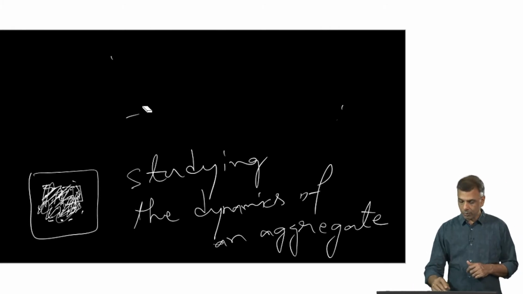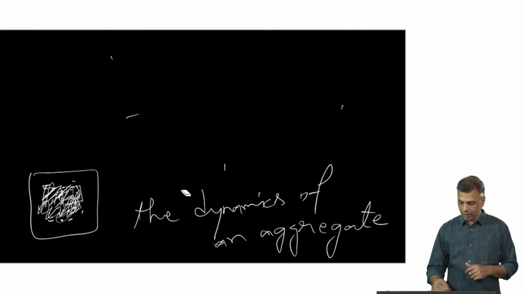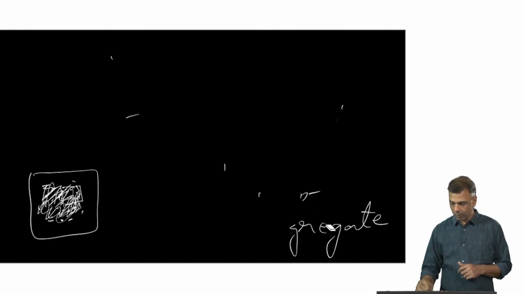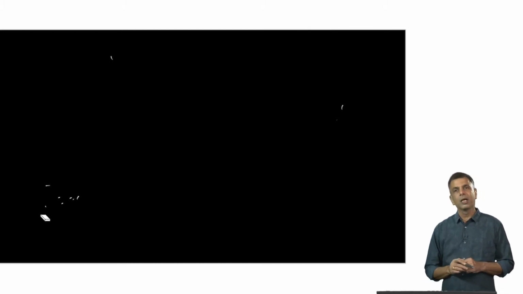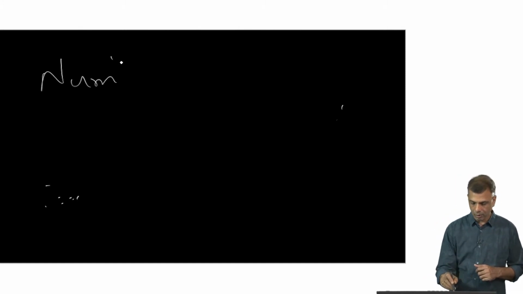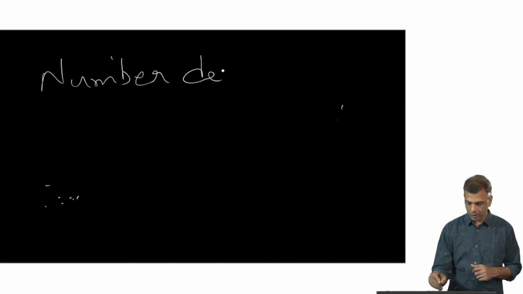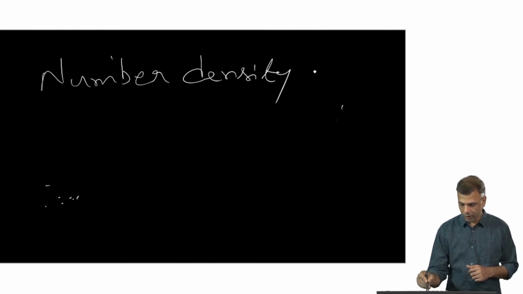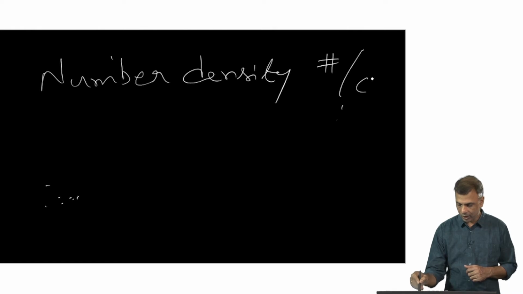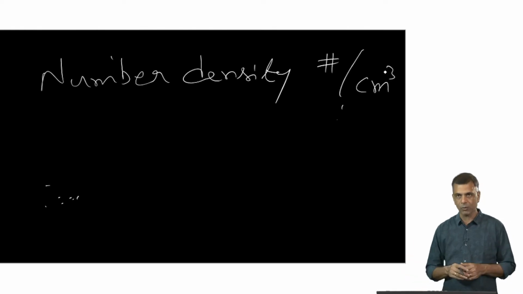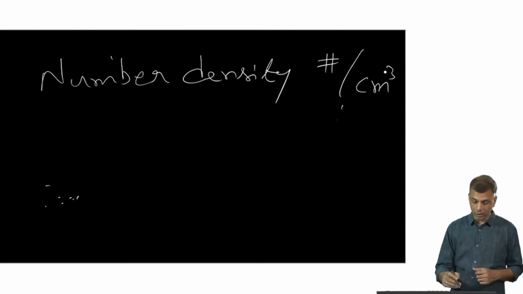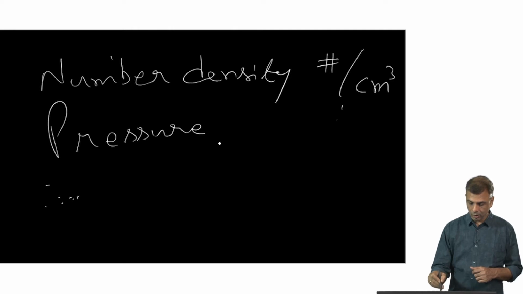Before doing that, I want to say a little bit about how, like we said, we are not following the dynamics of each individual particle, right? We are following the dynamics of the continuum. But things like number density, which would be a number per, say, centimeter cubed or meter cubed, depending upon what your favorite convention is, or things like pressure, temperature.